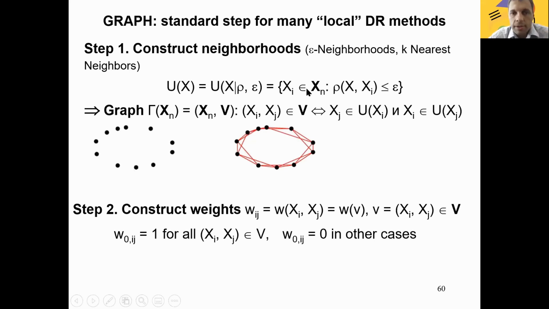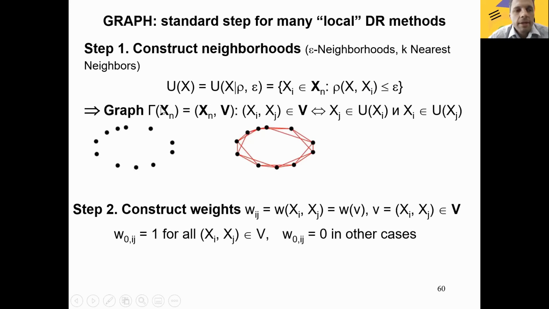We do this as follows. We take some point xi from the sample, and construct a sphere of radius epsilon with the center in this point xi.